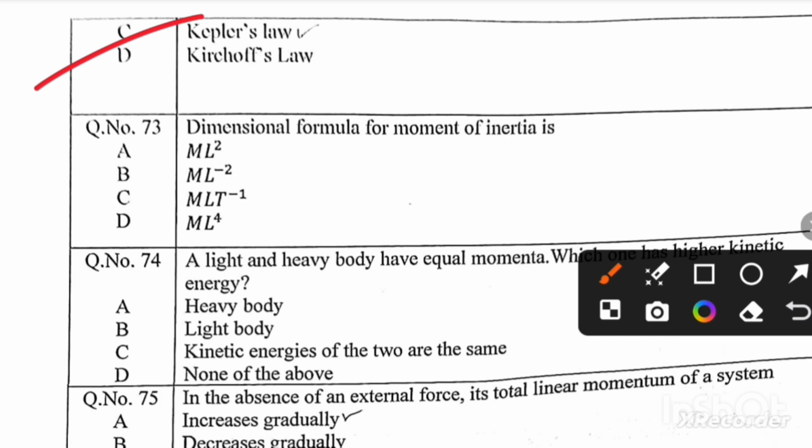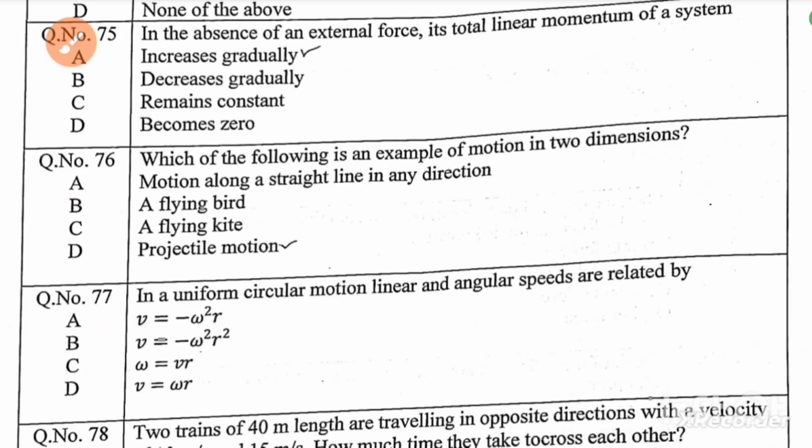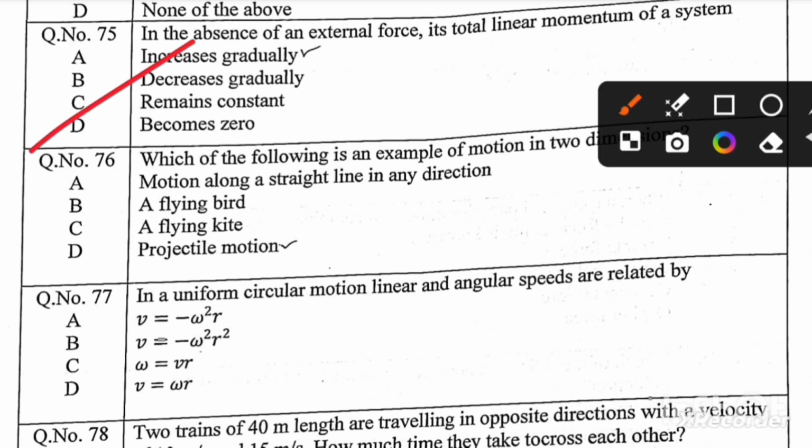Dimensional formula for moment of inertia is, the answer is ML². A light and a heavy body have equal momenta. Then which one has higher kinetic energy? Heavy body. In the absence of an external force, the total linear momentum of the system remains constant.